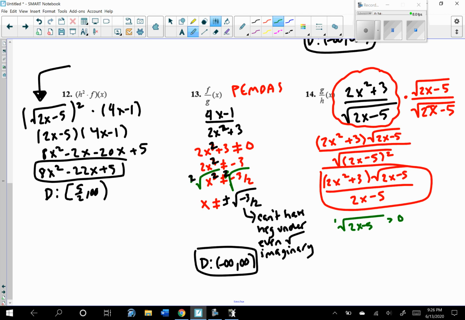So square both sides to get rid of that radical. And then add the 5 divided by 2. So x is greater than 5 halves. So your domain would be parenthesis 5 halves to infinity.